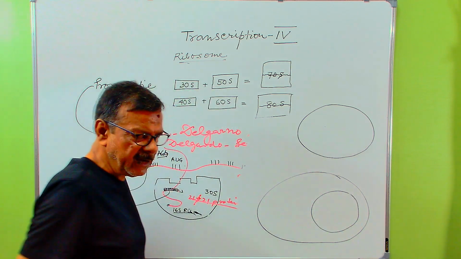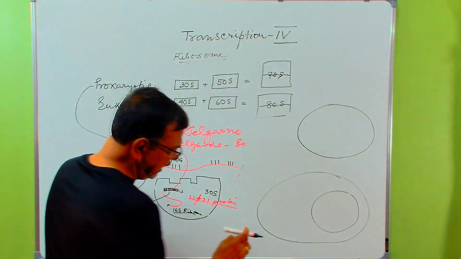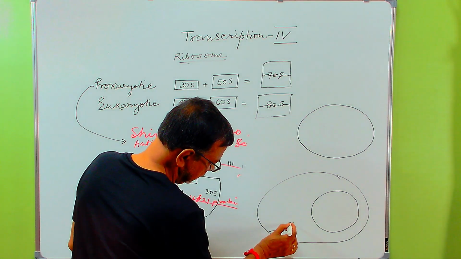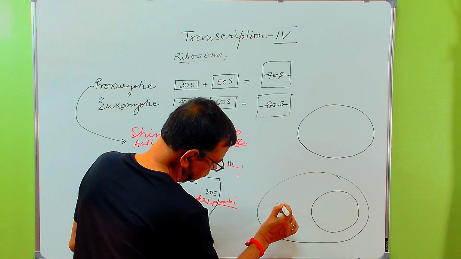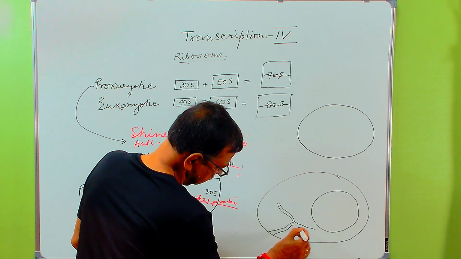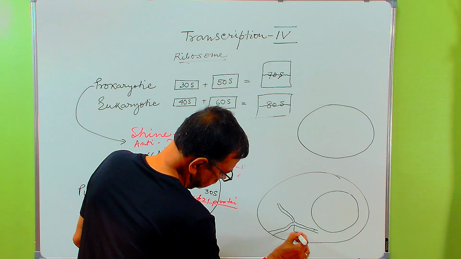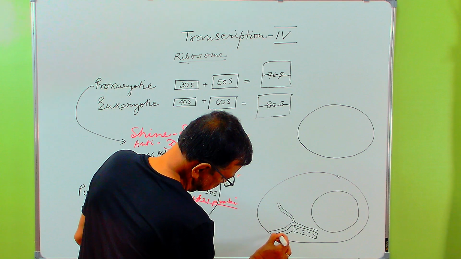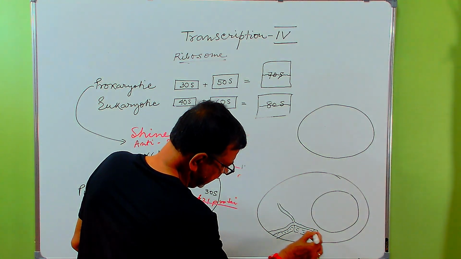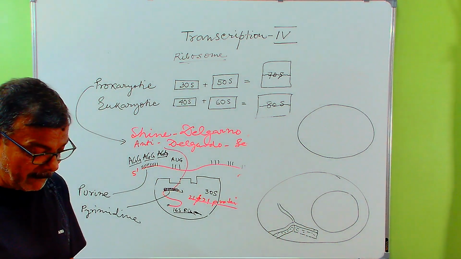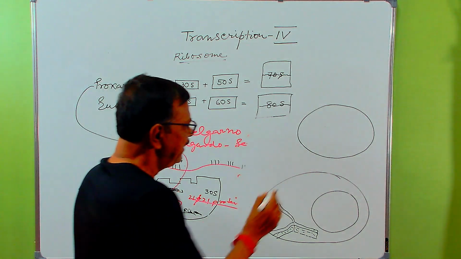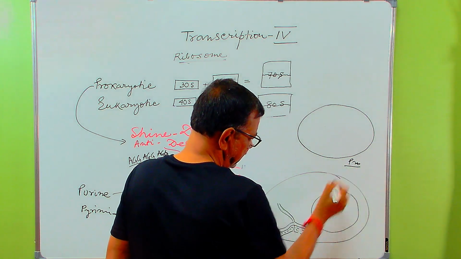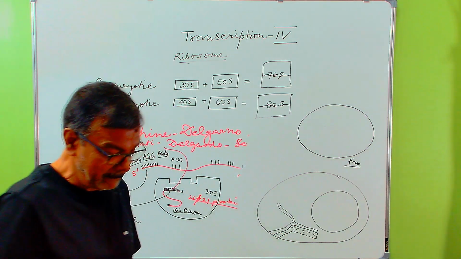The eukaryotic cell has a definite nucleus, and there are double walled endoplasmic reticulum. While here in the prokaryotic cell, there is no endoplasmic reticulum.